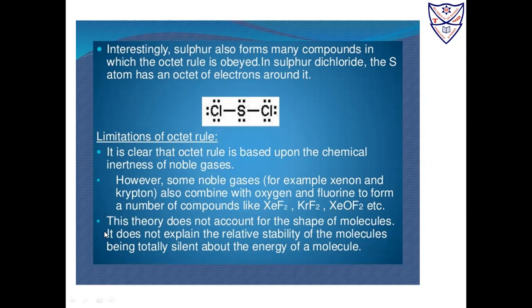This theory does not account for the shape of the molecule, and it does not explain the relative stability of the molecule. It is totally silent about the energy of the molecule. These are some limitations of the octet rule.